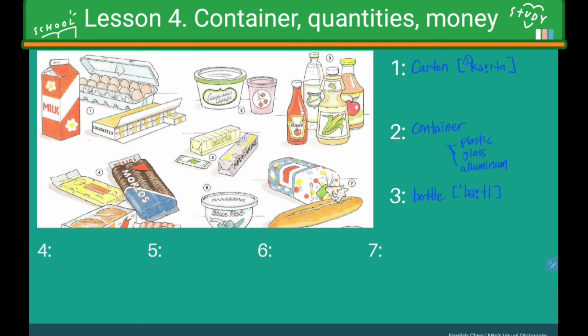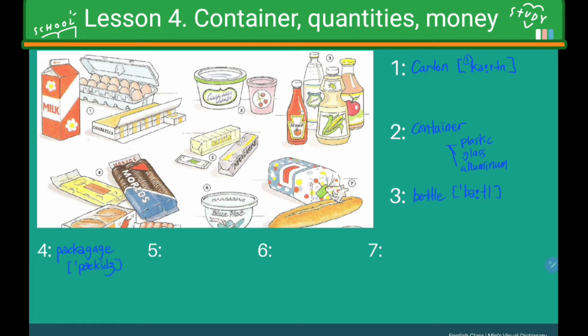And next, number 4, we have crackers, chocolate, or donut. The word that we are looking for is package. And the phonetic symbol is like this.